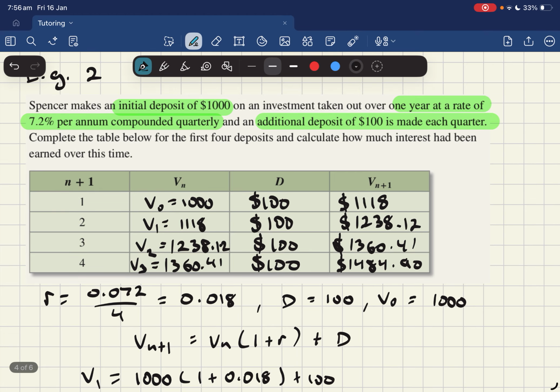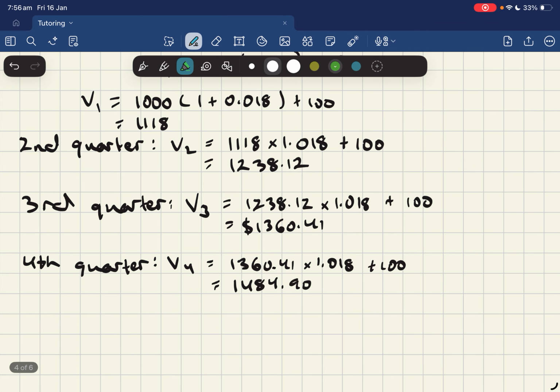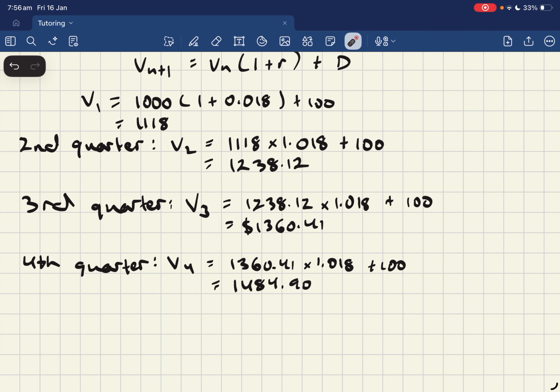Okay, so we filled in the table and we have to now calculate how much interest has been earned over this time. So with annuities, this is the trickiest part, okay? Because what we've been given is a value, okay? So we have a value after this year has passed, after our 4 quarterly payments.